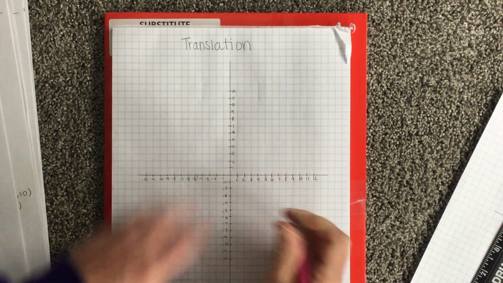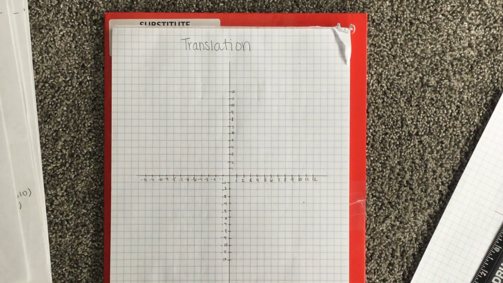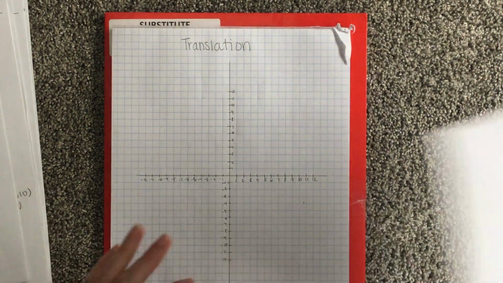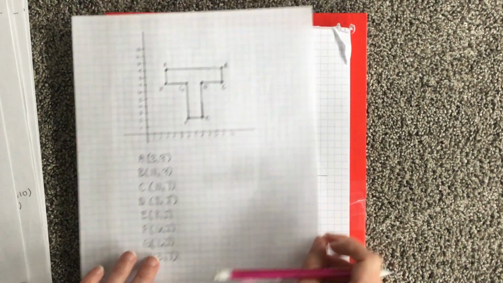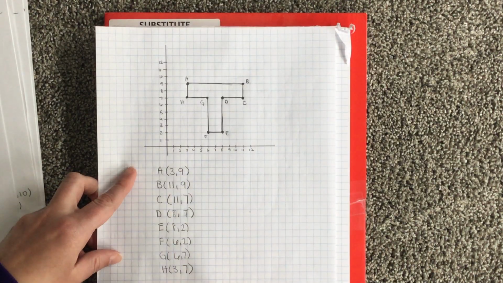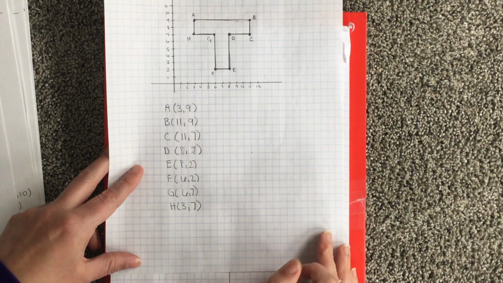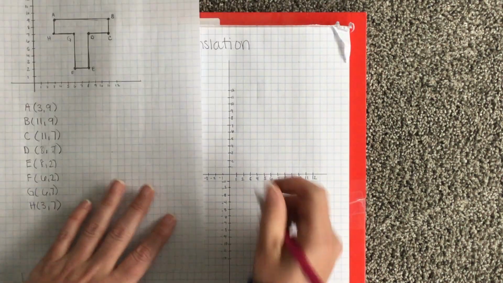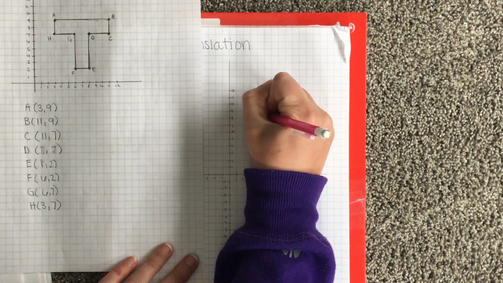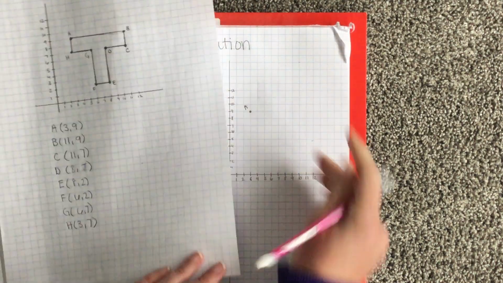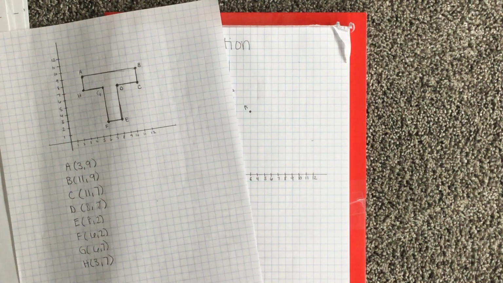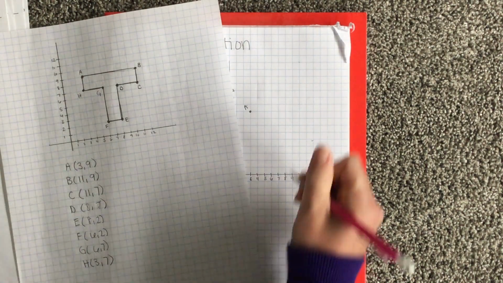Okay. Your figure is going to start in the first quadrant. So what you're going to do is draw these ordered pairs in the first quadrant, exactly how you wrote them on your original. So A was 3, 9 for me. Now you're not using my example, so you're not writing this down, you're just watching. B is 11, 9.